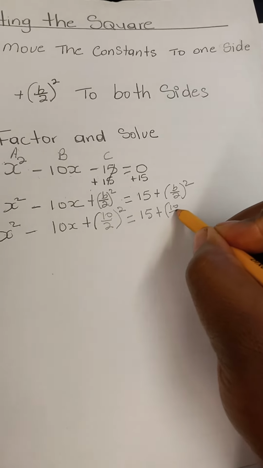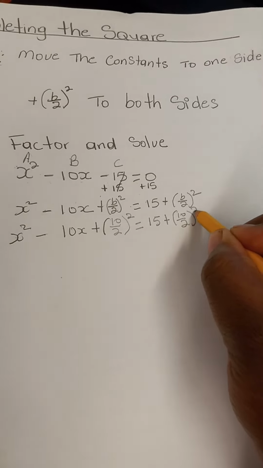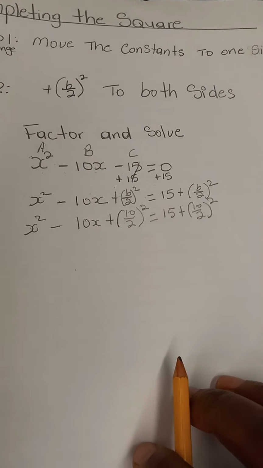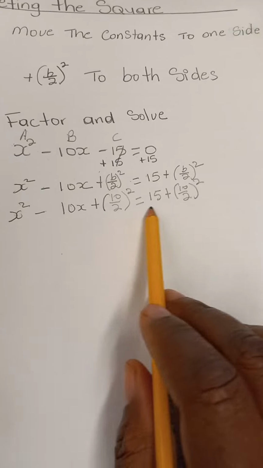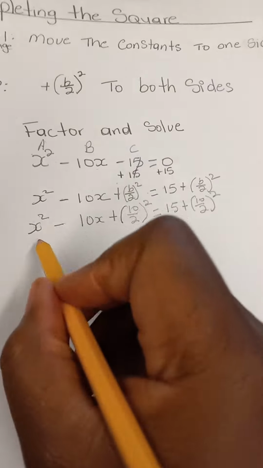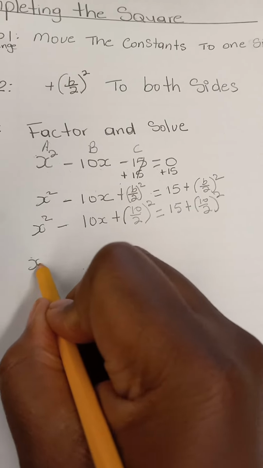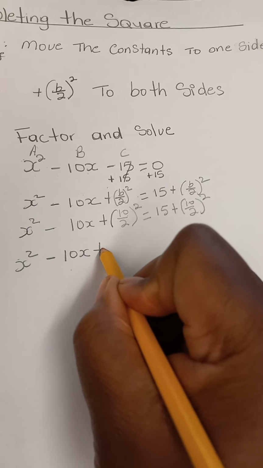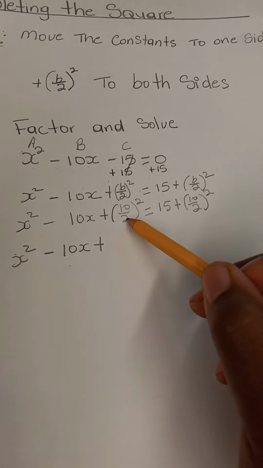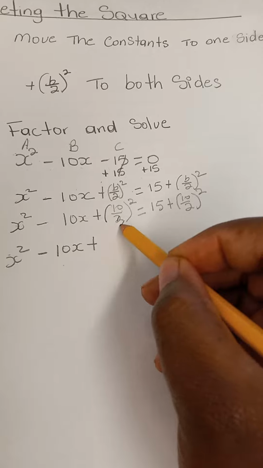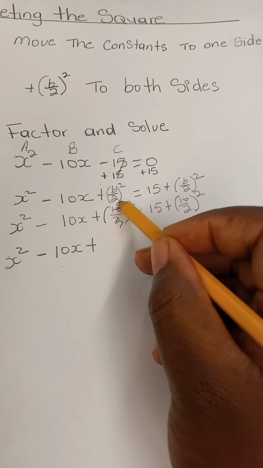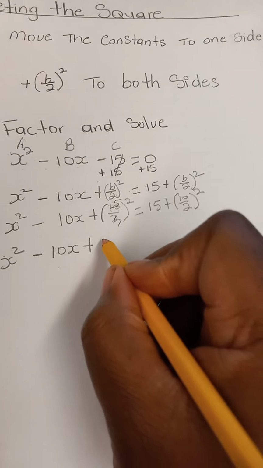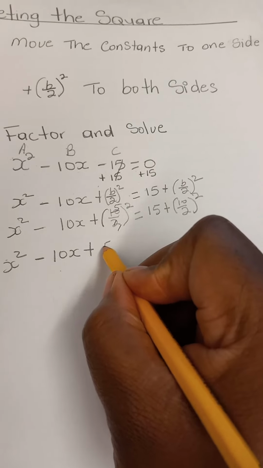My 10 divided by 2, and then I'm going to square it. Okay, let's simplify this. So I'm going to write back my x squared, my minus 10x, and my plus. We're simplifying. 2 goes into 2 one time. 2 into 10, 5, right? So we have 5.